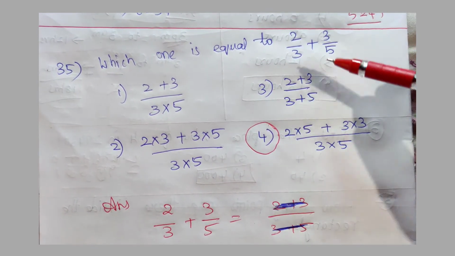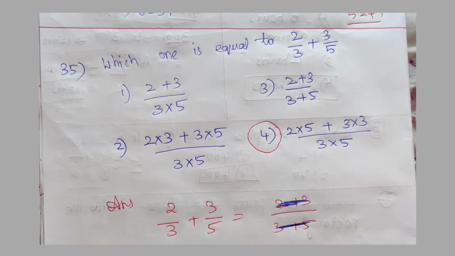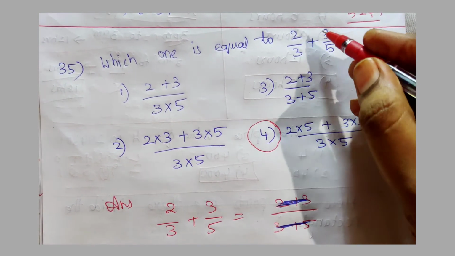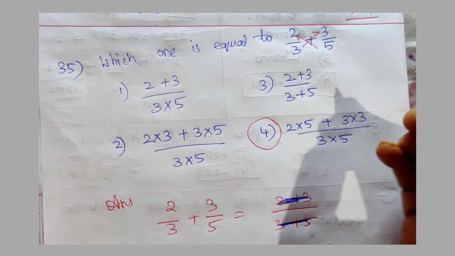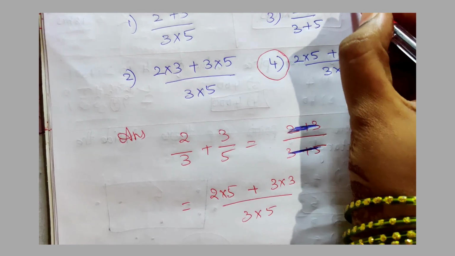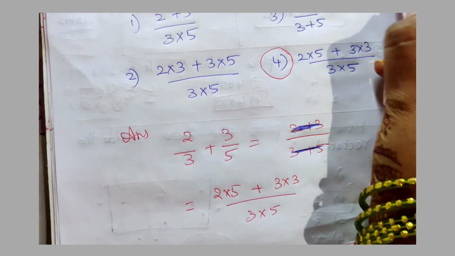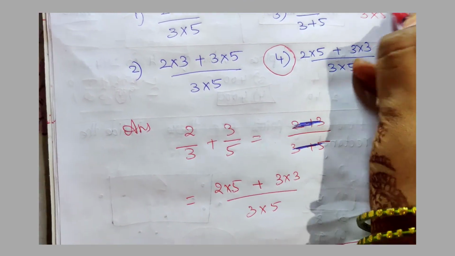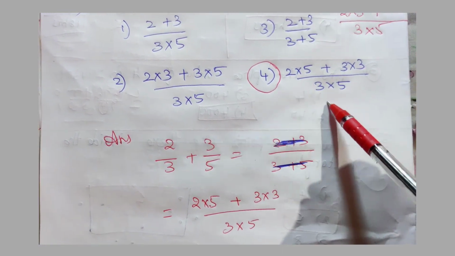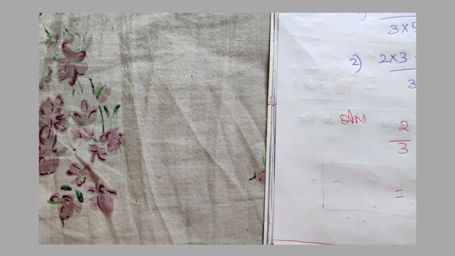Which one is equal to 2 by 3 plus 3 by 5? What you have to do is cross multiplication. So 2 into 5 plus, take the symbol, 3 into 3, and down 3 into 5. So the last one is the answer. If you have difficulty, I have written the question once again.